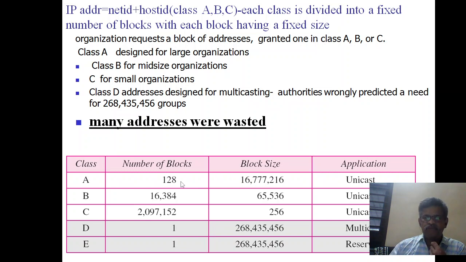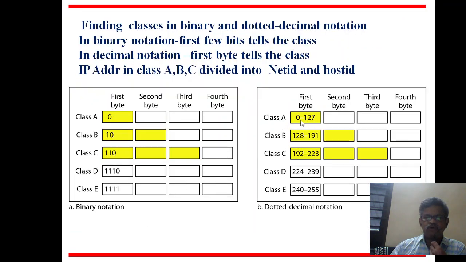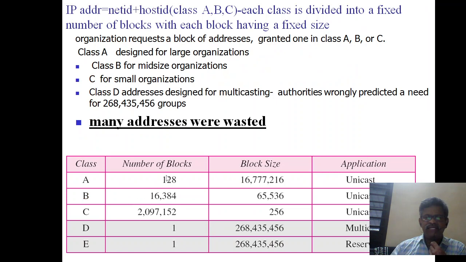So the number of networks possible in class A is 128, and each network can have this many hosts. So these many networks in class B, and these many hosts within that, and these many networks in class C, and these many hosts within each network.